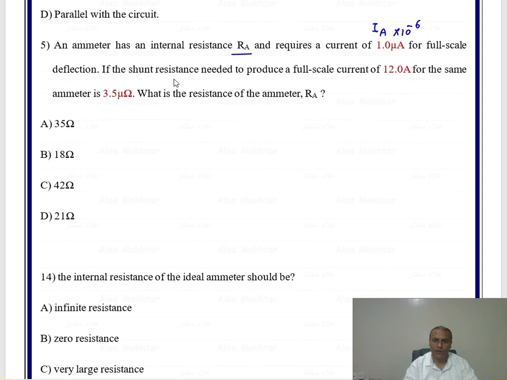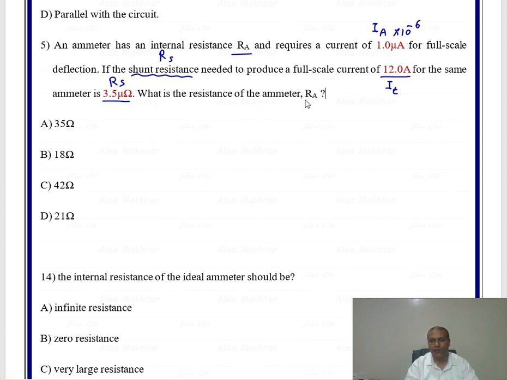If the shunt resistance Rs needed to produce a full-scale current of 12 ampere, I total after increasing the range for the same ammeter, is 3.5 micro ohm. Rs is equal to this number.